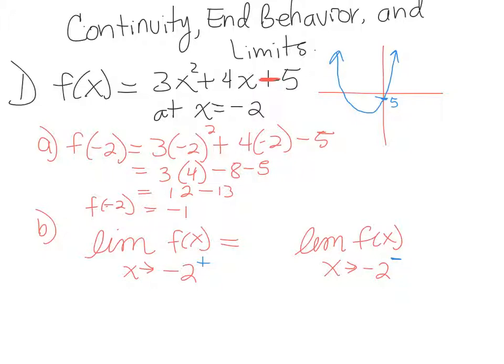So if you can see on the graph, if I'm approaching -2, where's the -2? -2 is somewhere over here. As I'm approaching -2 from the left, that means I come this way. From the left, I'm going to be approaching a certain number. What is that number?